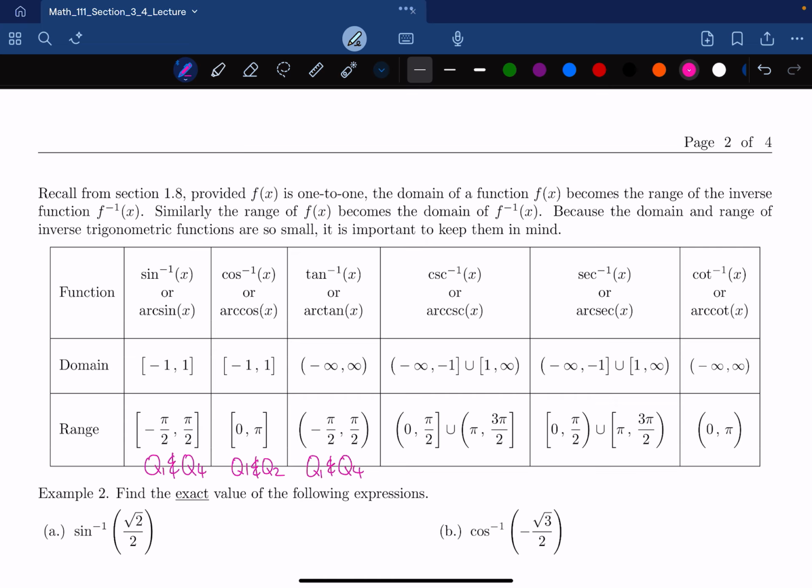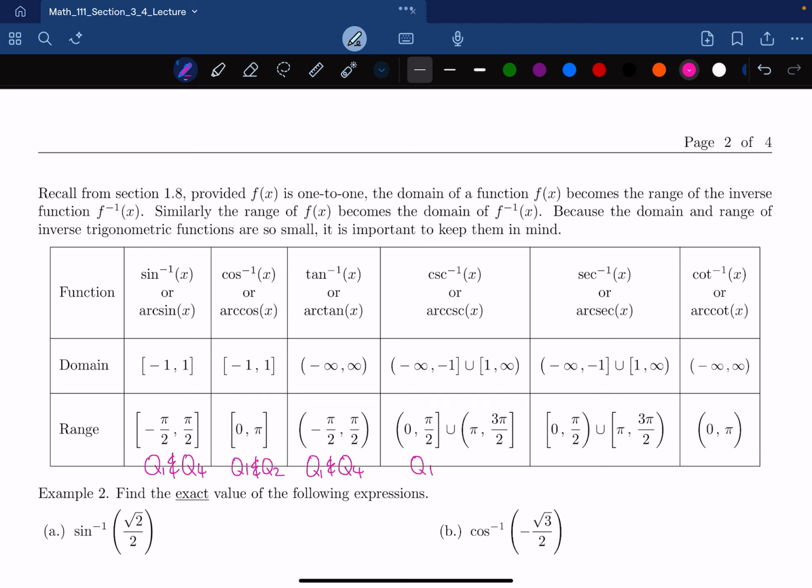Cosecant and secant inverse, this one is a little bit trickier. Again, we pick these ones specifically to be consistent with the material, and conceptually it will make the choices a little bit easier. But at this point, you just have to take my word for it. 0 to pi over 2, again, that's in quadrant 1.